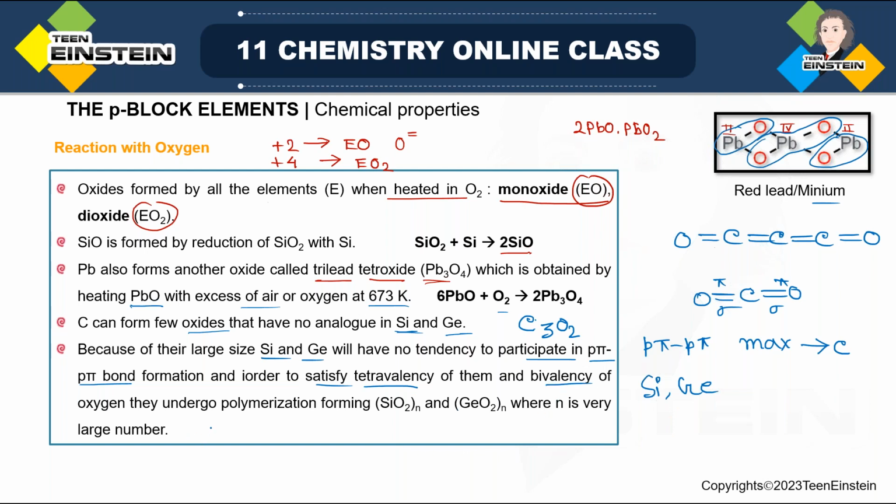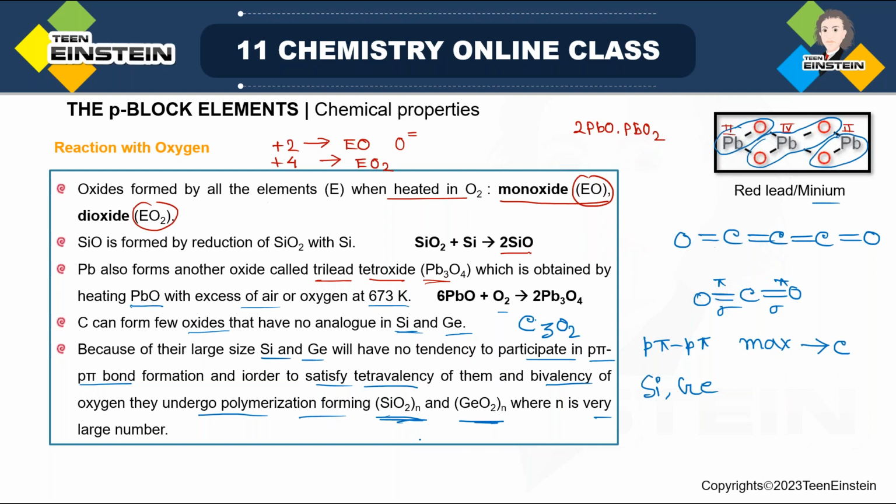So what they will do is undergo polymerization, forming this type of polymer: (SiO2)n, (GeO2)n, where n is a very large number. The structure is an extended structure, because there is no pi bond, but Si bonds, and this oxygen will be linked to another silicon.